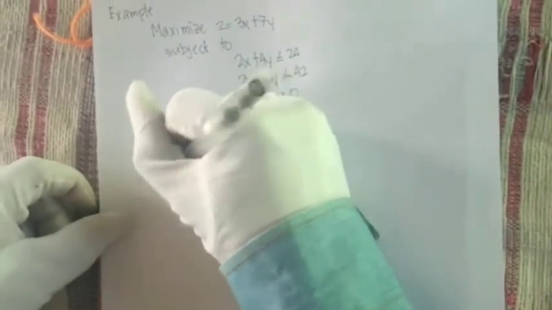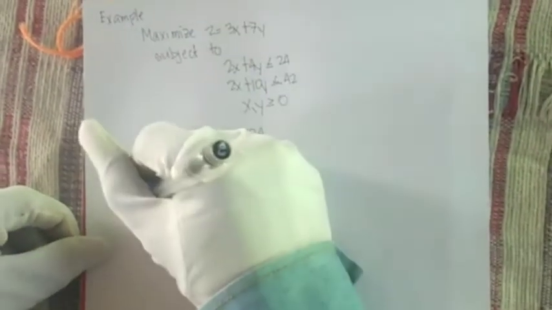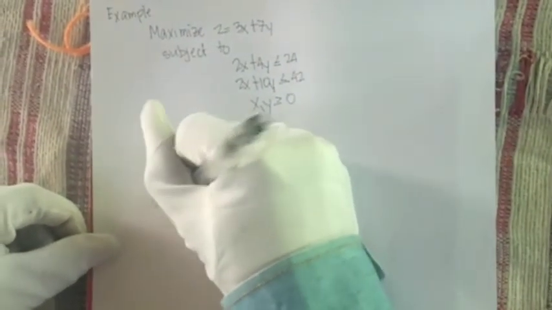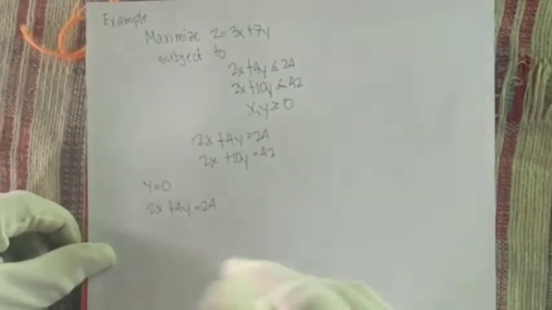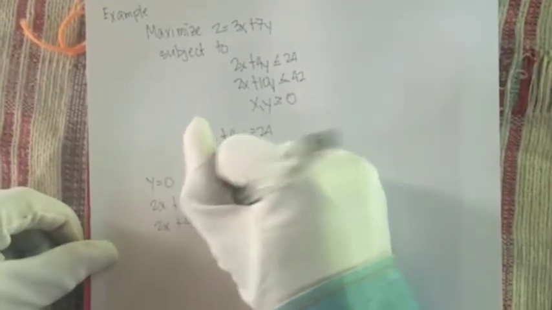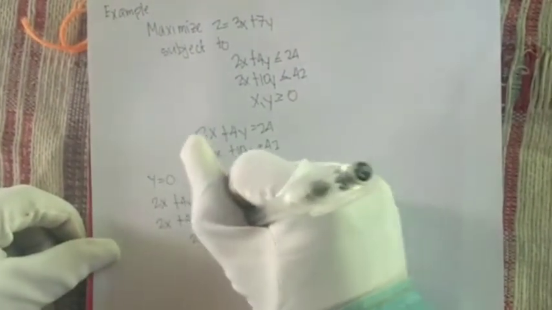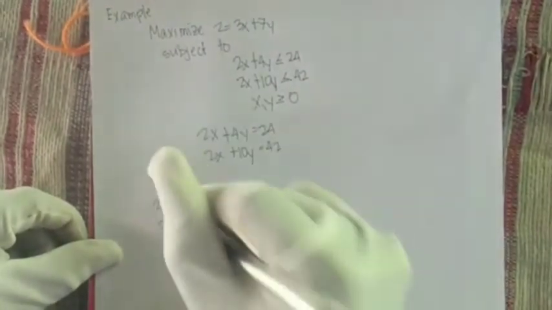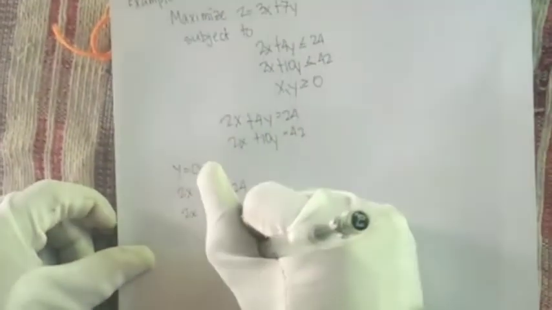So we assume that y equals 0. Our first constraint is 2x plus 4y equals 24. So if y equals 0, it is 2x plus 4 times 0 equals 24. Then 2x equals 24, canceling out the 4 times 0. So divide both sides by 2 to get the x.